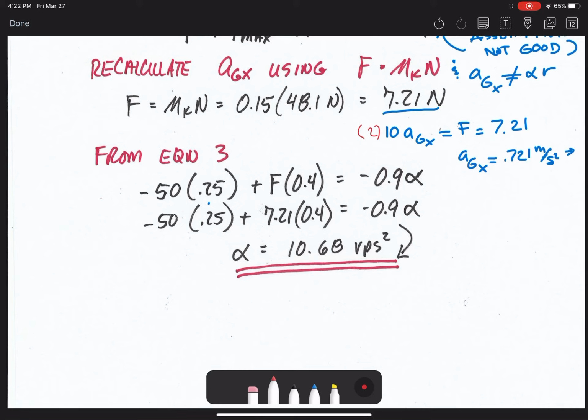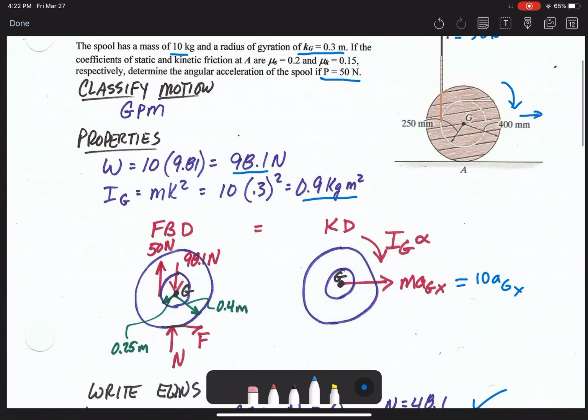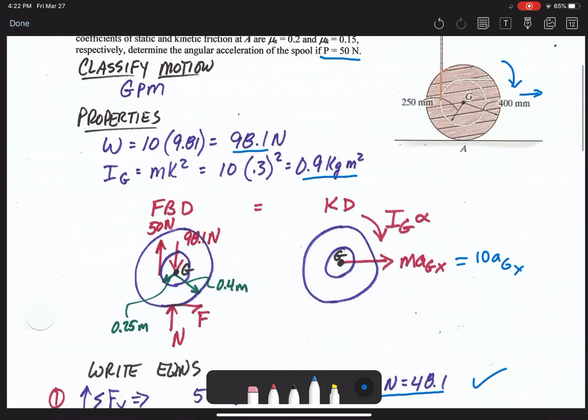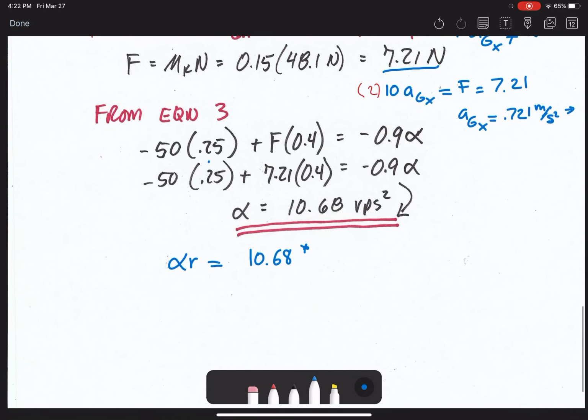So you have alpha R equal to 10.68 times the radius of this one, which is 0.4. So it equals 10.68 times 0.4 equals 4.272.